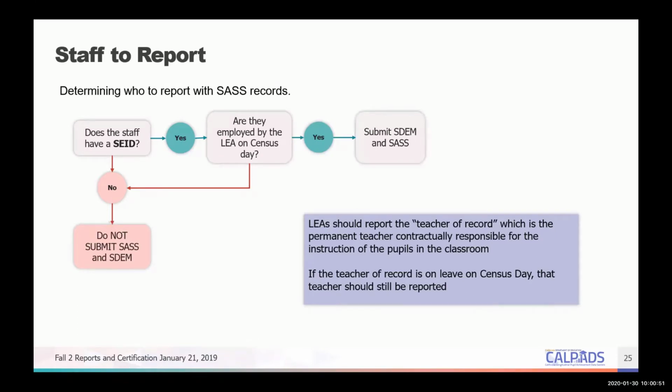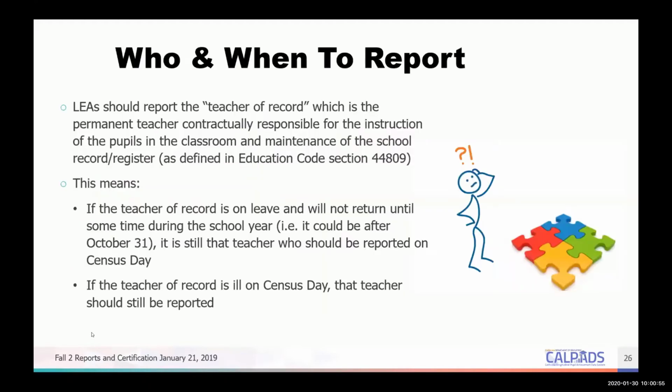And then we also have some notes here regarding teachers of record, which are basically the teachers who should be reported to courses for Fall 2. This is a shift from what we've always been teaching you. Before, we would say, just report the teacher who was there on census day, regardless of whether it was a substitute teacher or not.